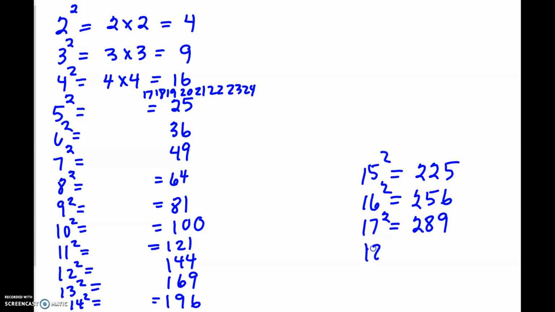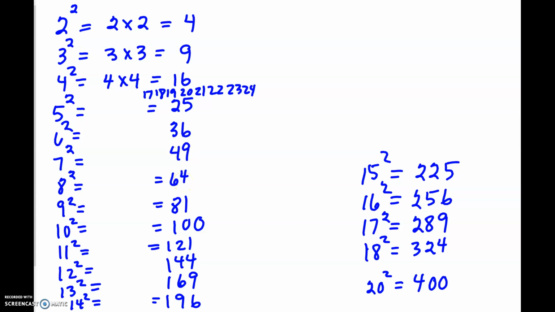And 18 squared is the last one I'm going to do, 324. I'm going to skip 19, but 20 squared is 400, because 2 squared is 4, and then we have 2 zeros. Now, all of these are called perfect squares: 4, 9, 16, 25, 36, 49.